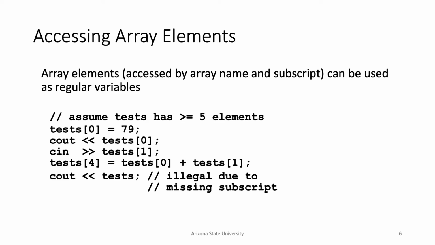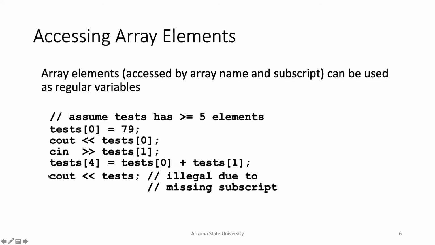So it looks up 79 and 10, and sets 89 at the 4th index. So if we looked at the array right now, after those 4 lines, we have 79, 10, what comes next? 0, 0, 89. Because indices 2 and 3 were never set, so they are 0.